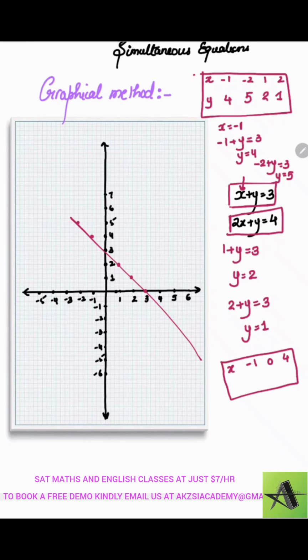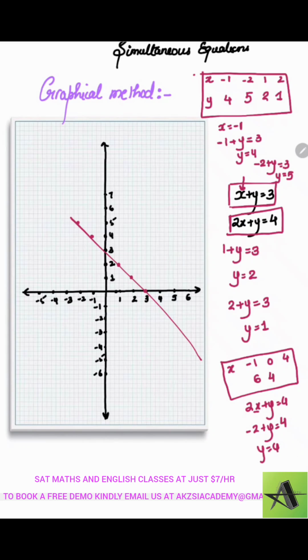So x equals -1. Our equation is 2x plus y equals 4. On substituting the value of x as -1, this will be -2 plus y equals 4, so y is equal to 6. Then put x equals 0 here, y will clearly be 4.